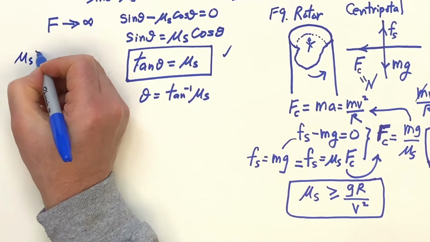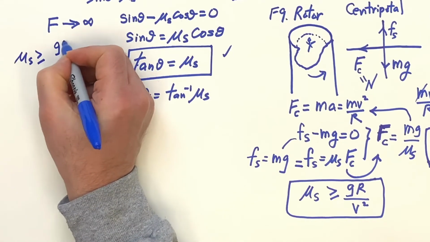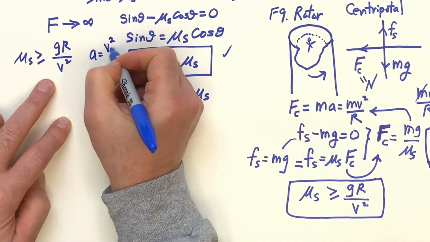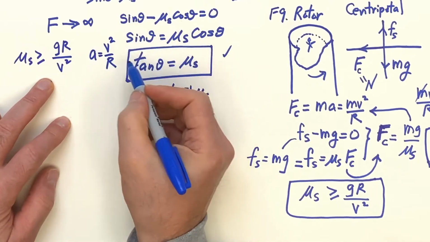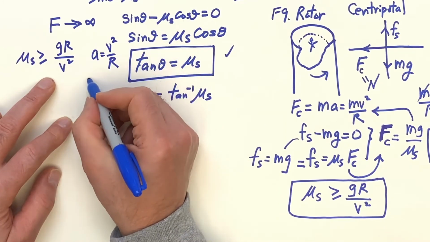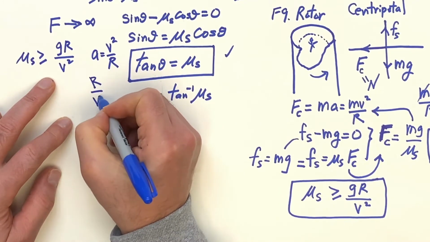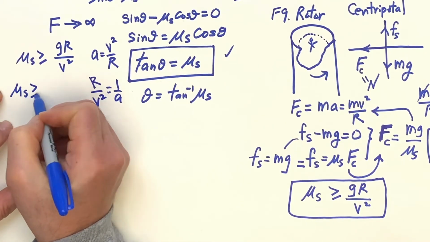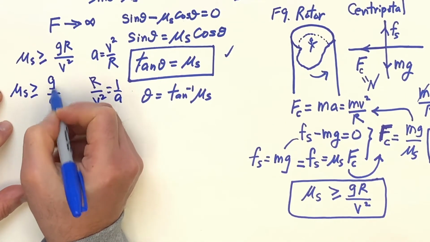Mu s has to be greater or equal to gr over v squared. But remember, the acceleration is v squared over r for circular motion. So r over v squared is 1 over a. So if you put r over v squared, you get 1 over a. So this is g over a.